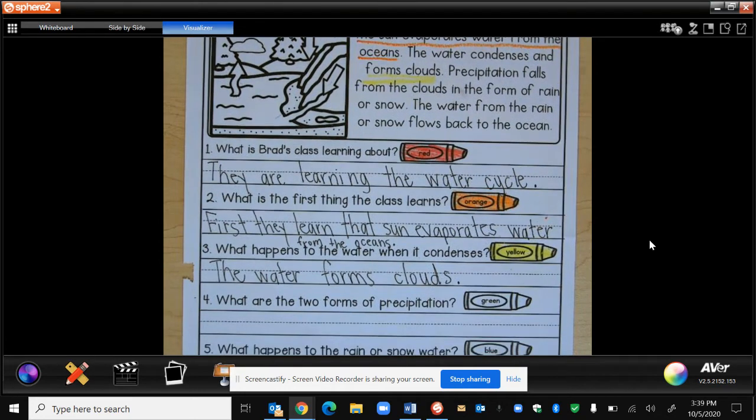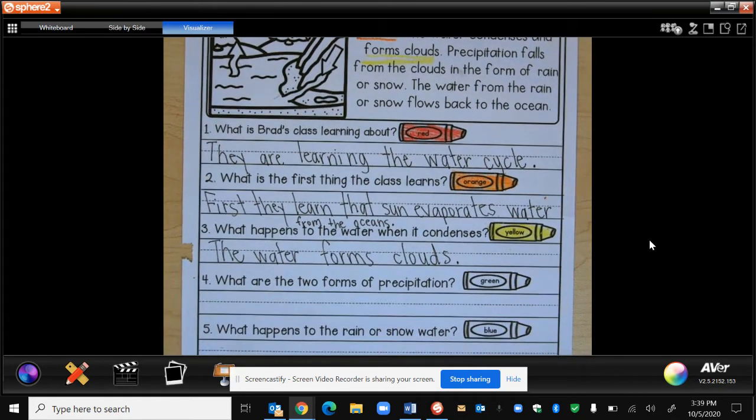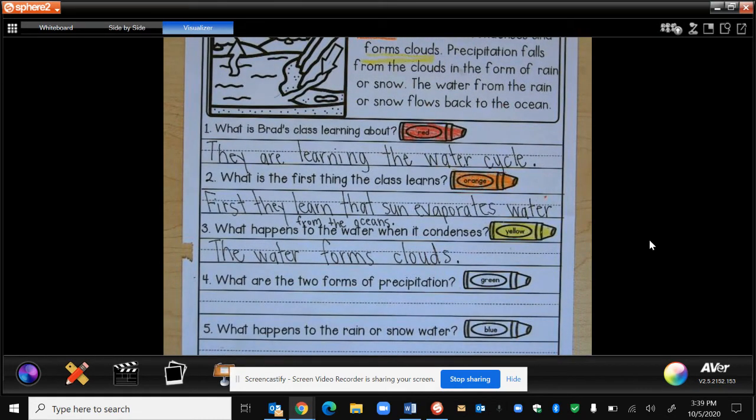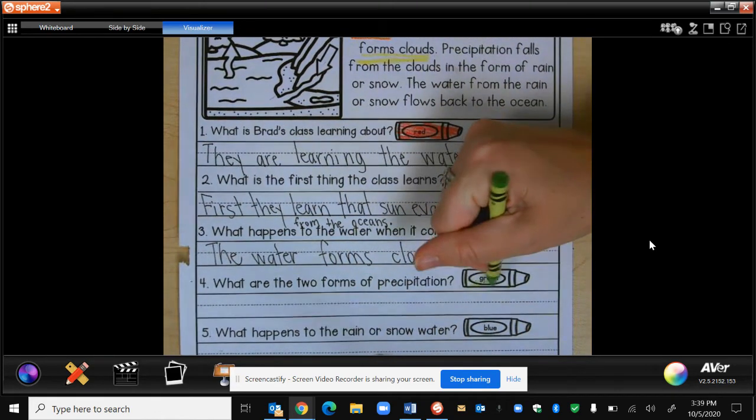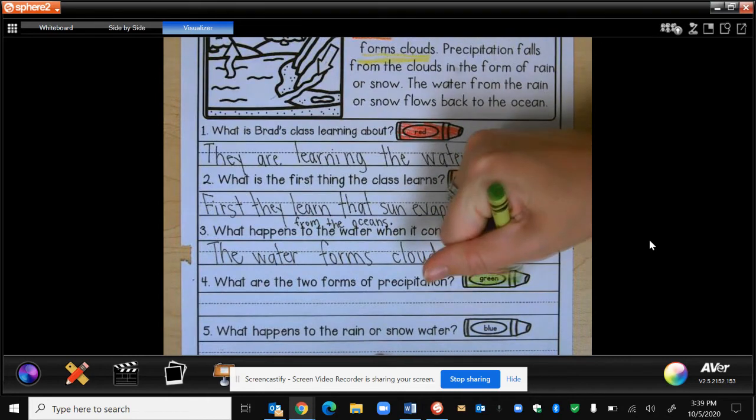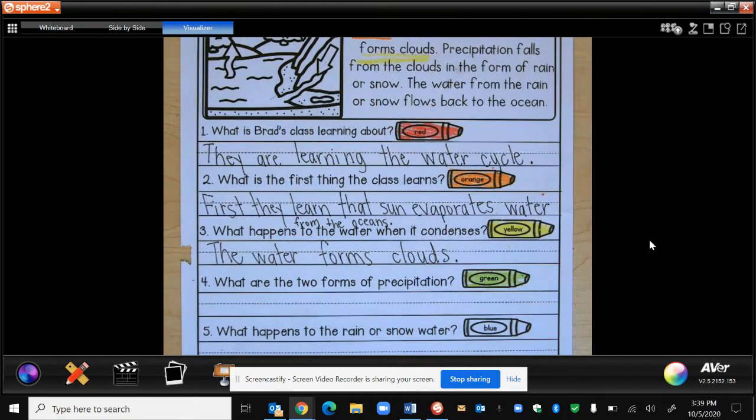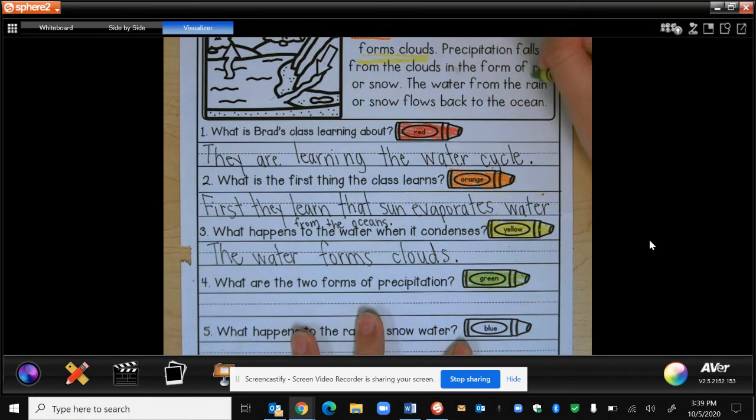Scroll down a little bit. If you need to pause, you can pause. I'm going to do this. Okay, we're on green. Green, green, green is good. My green sentence. What are the two forms of precipitation? What two forms? Precipitation falls from the clouds in the form of, what'd they say?